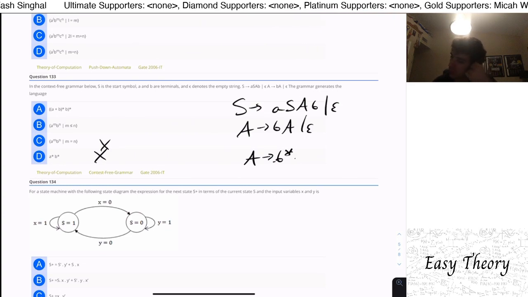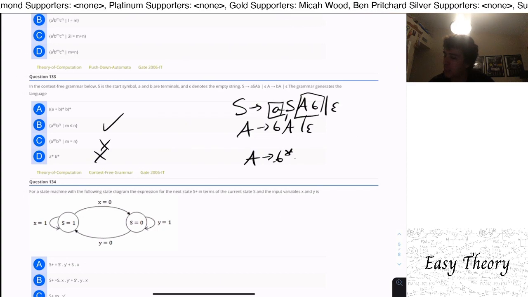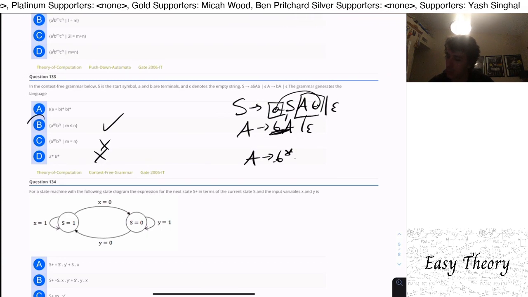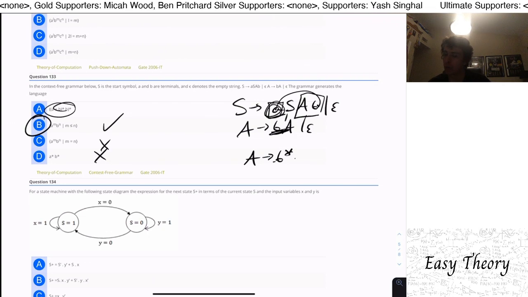Yeah, so it must be this one, because the B's are only generated in this part, so that means that we're recursing here, and there's only A's on this part. And every A matches with one B, and there could actually be more B's. So B is the right answer. And since the A's have to be at the front, this one won't work because this star will actually kill us there.